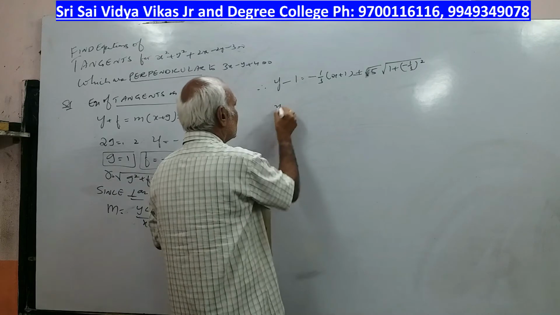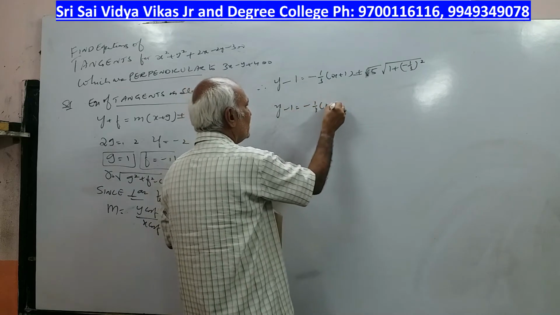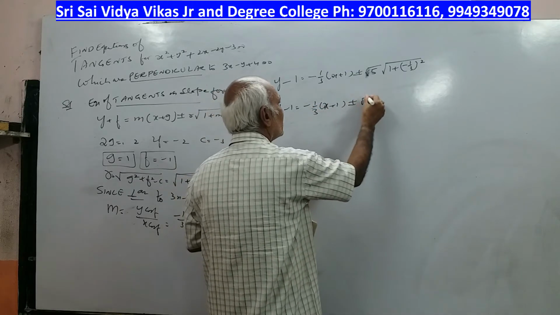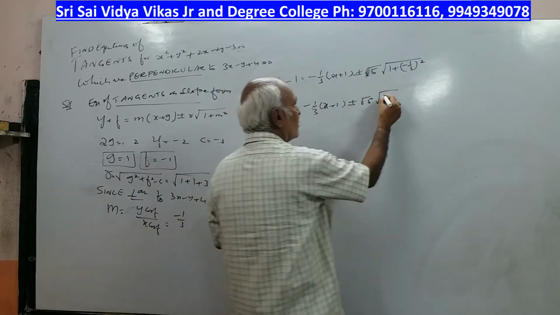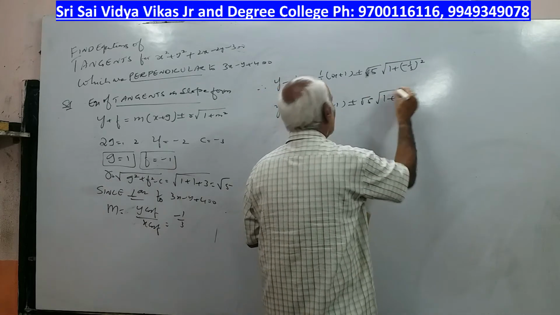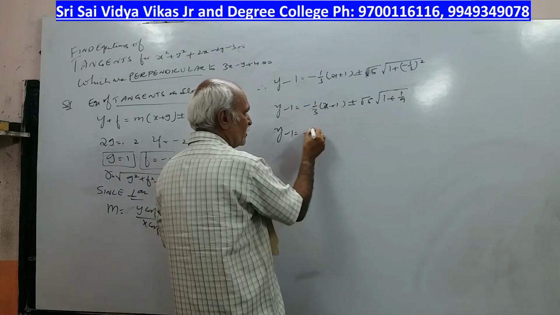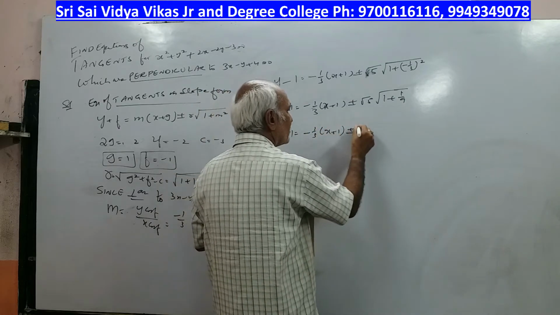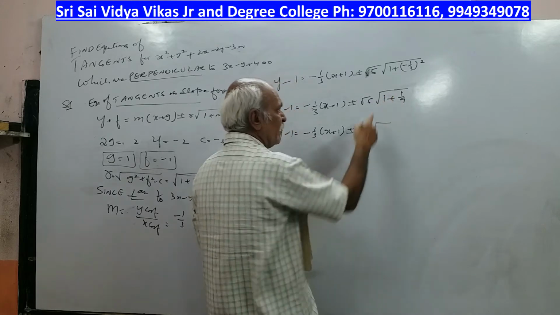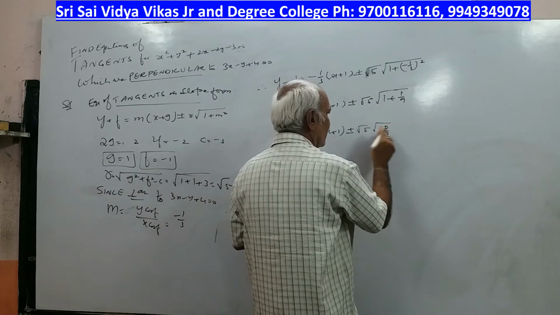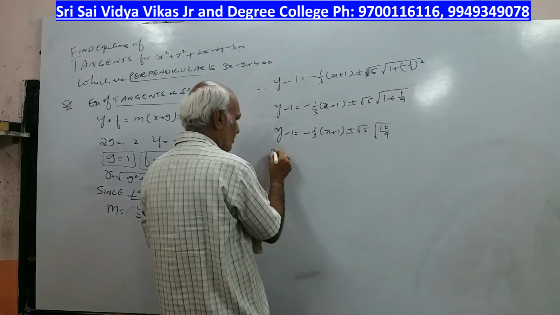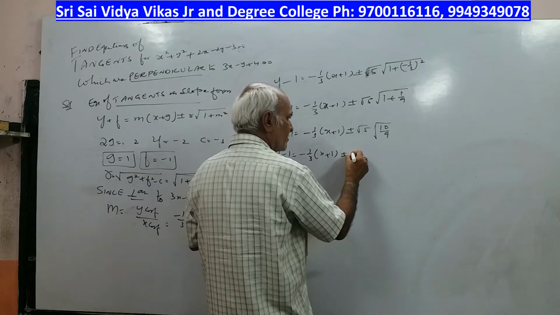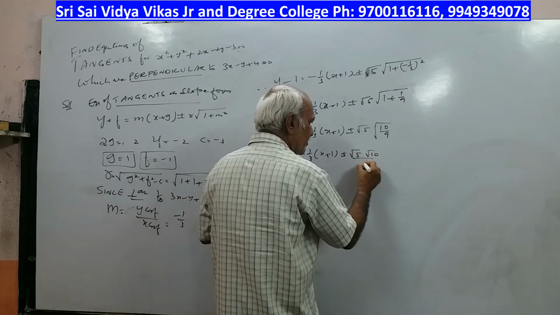So y minus 1 is equal to minus 1 by 3 into x plus 1 plus or minus root 5 root of 1 plus 1 by 9. LCM is 9, 9 plus 1 is 10, so 10 by 9. So y minus 1 is equal to minus 1 by 3 into x plus 1 plus or minus root 5 into root 10 by 3, because root 9 is 3.